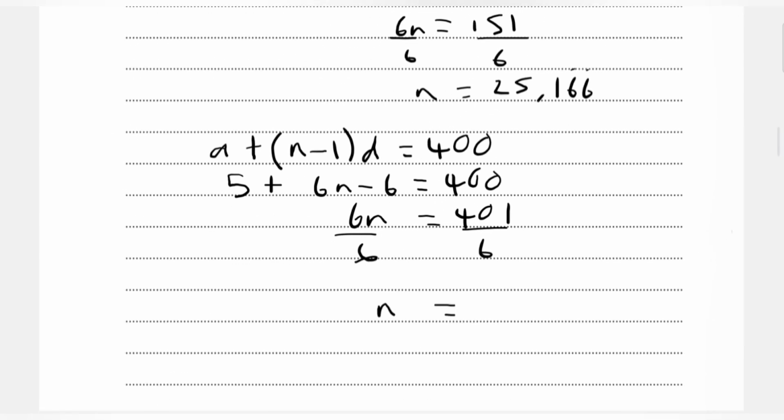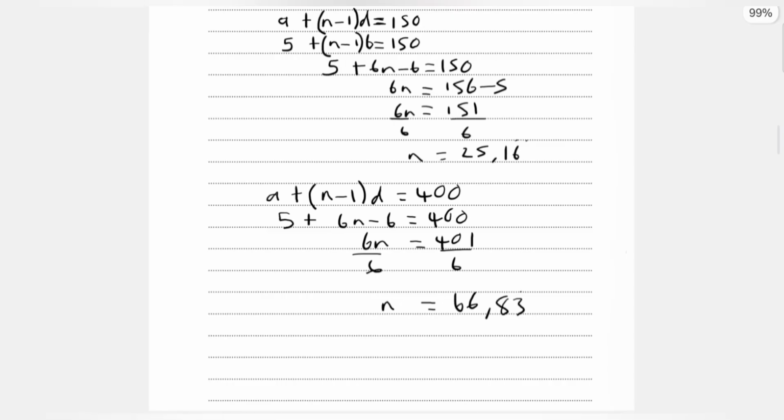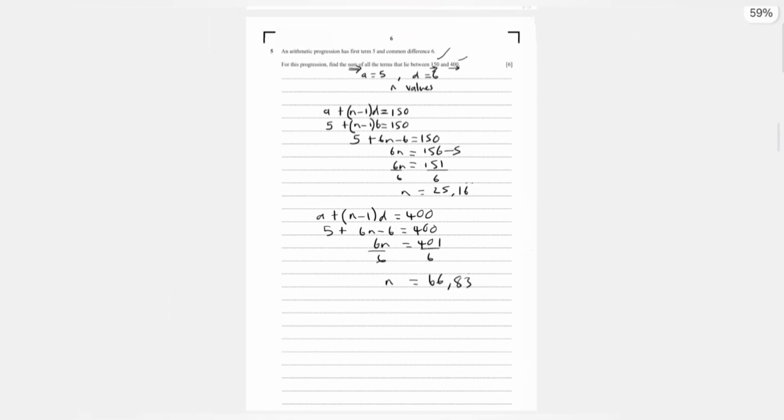So n will be 401 divided by 6. That's 66.83, like that, right? So these are the two n values that we are getting, right?